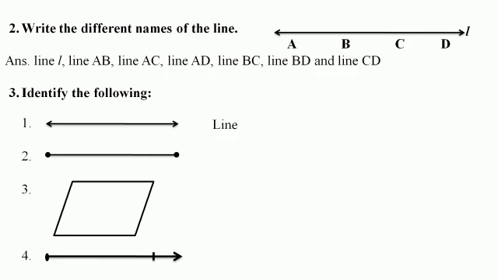The second figure is a straight line with endpoints at both the ends. Hence, it is a line segment. The third figure is a plane. And the last one is a straight line with an endpoint and an arrowhead towards the other. So it is a ray.